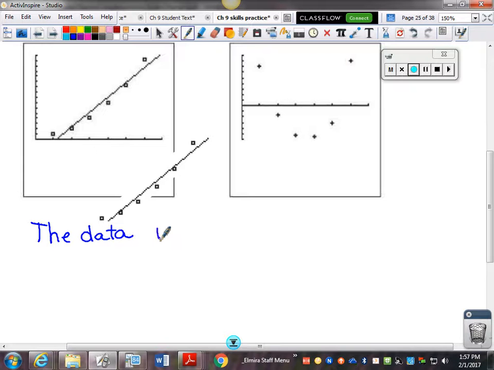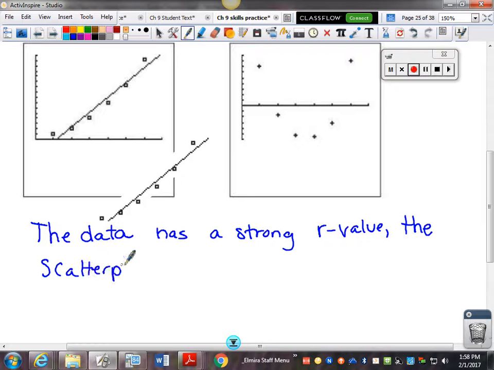The data has a strong R value, the scatter plot could be linear or nonlinear.